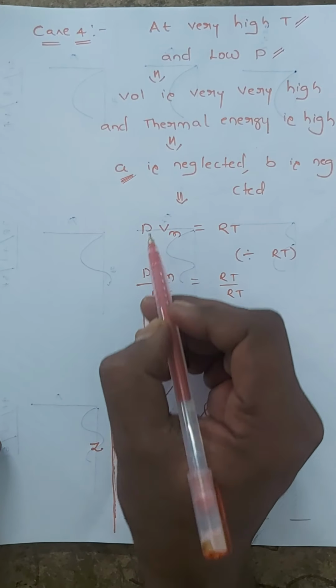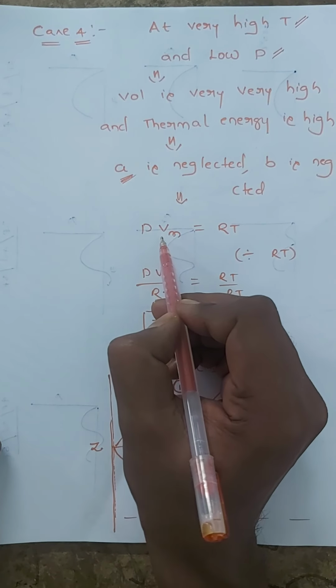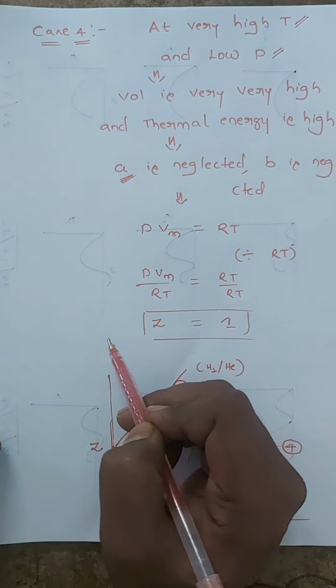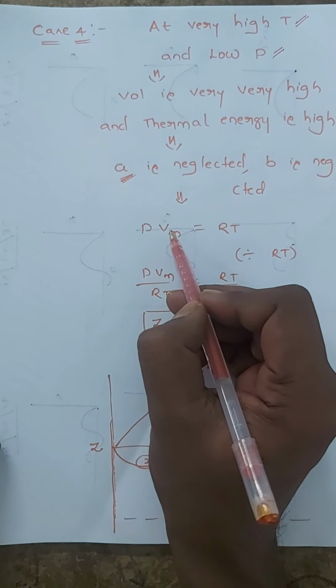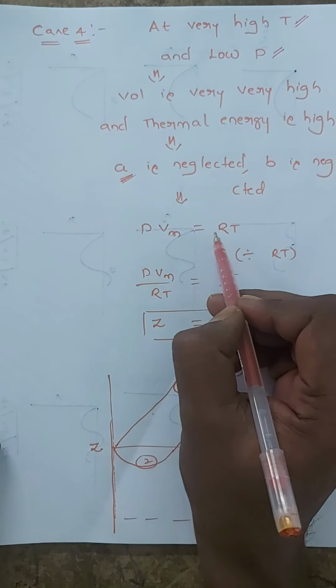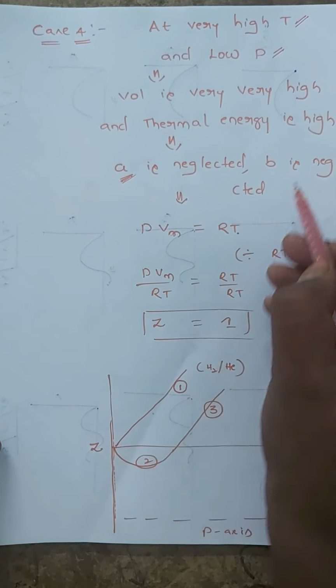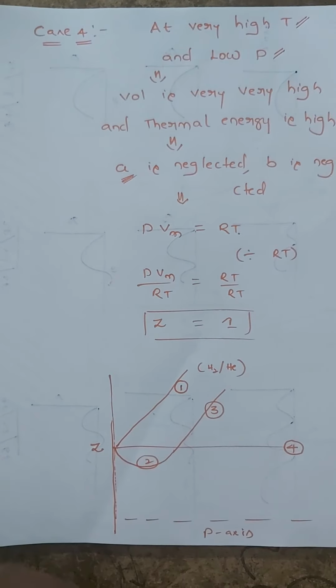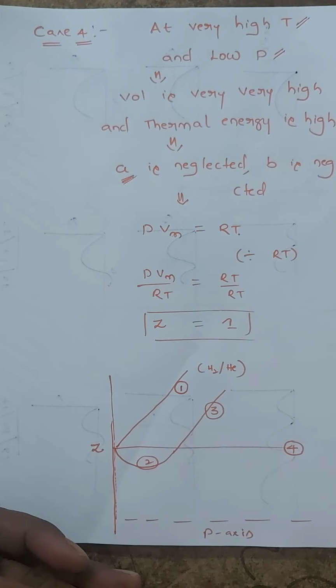Therefore, here we will get P into Vm is equal to RT. Here, b is also neglected. Why is b also neglected? b is nothing but the reduced volume, or the volume which is blocked by 1 mole of real gas molecules.